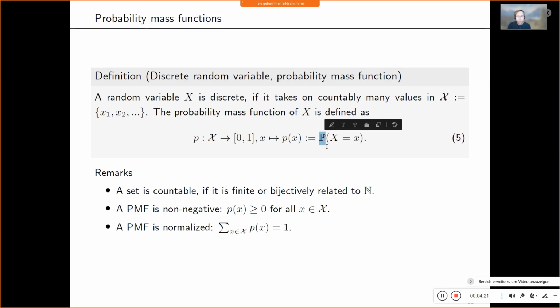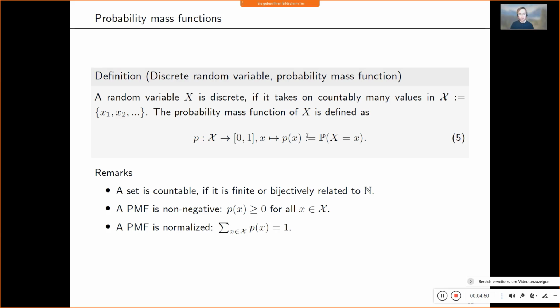It does not really matter, because as I explained, you can always use the identity function. A probability mass function is non-negative, so p_x is larger or equal to 0 for all x in the outcome space, and it's normalized because it's a probability, so all the probabilities of the outcomes sum to 1.